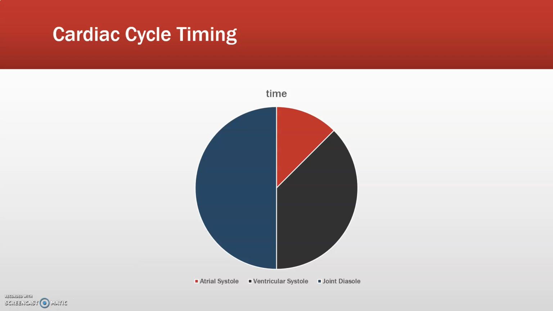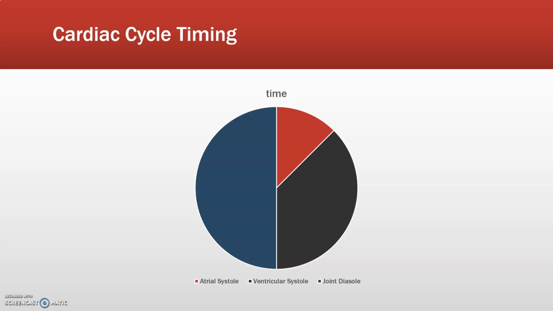Now, cardiac cycle timing. As we just discussed, one cardiac cycle lasts approximately 0.8 seconds. Out of this 0.8 seconds, 0.1 second is taken up by the atrial systole.